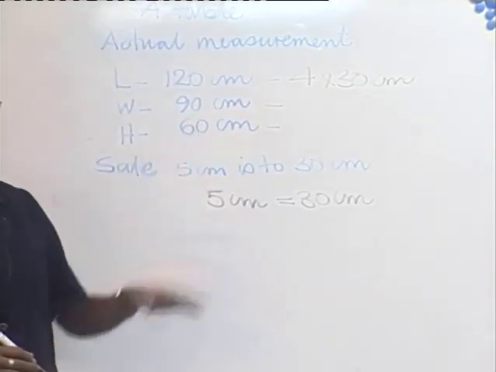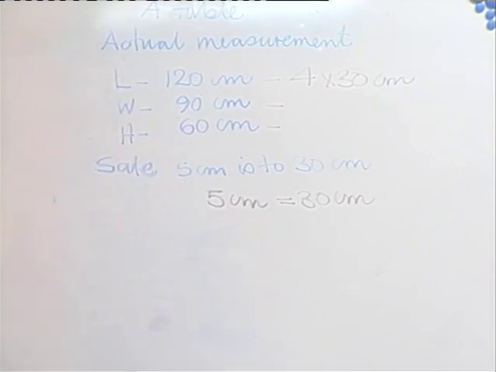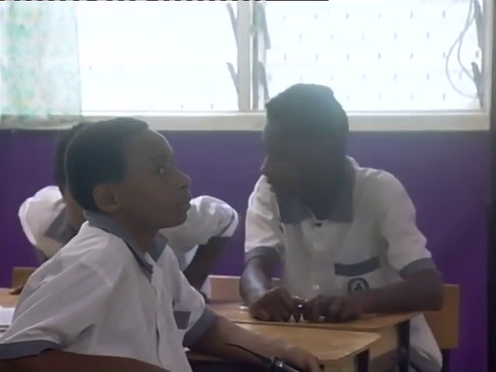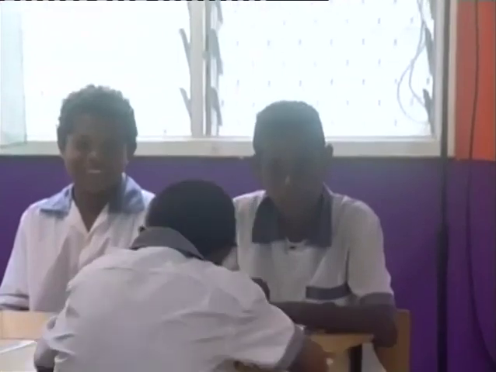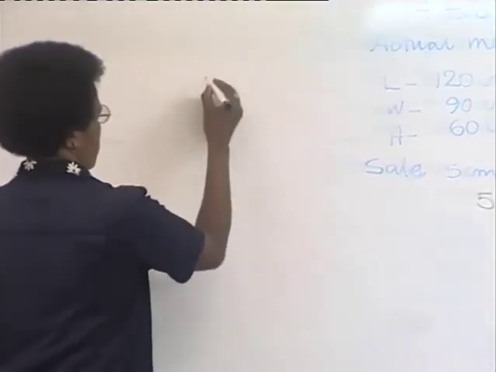So we use 4 times 30 centimeters in that 120 to reduce it, so we are able to fit that onto the A3 paper that we will be using soon. I divided 30 into 120. Very good. You have to divide.